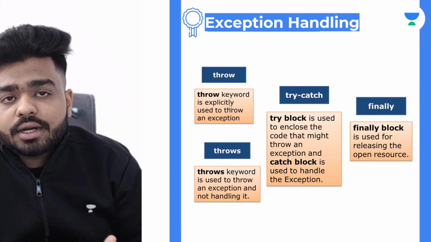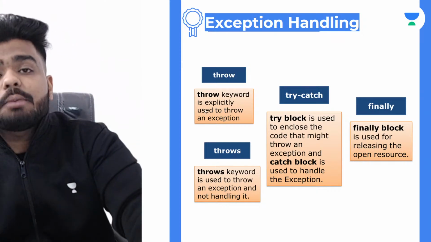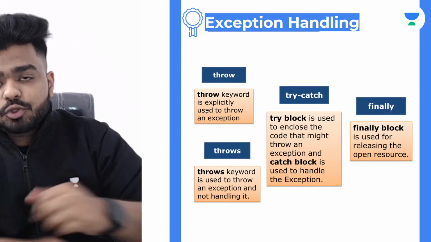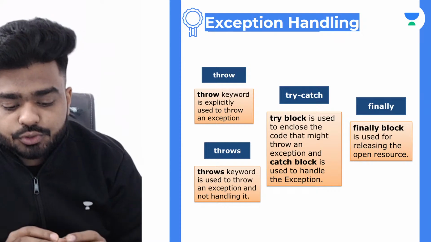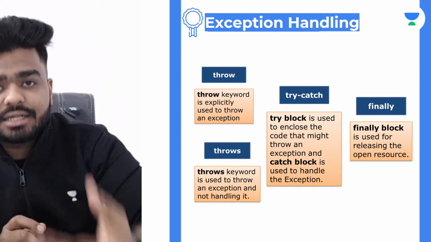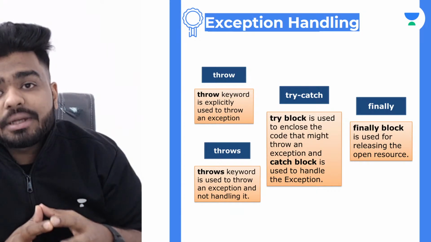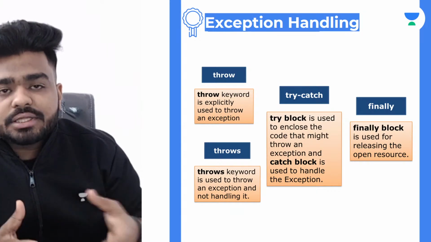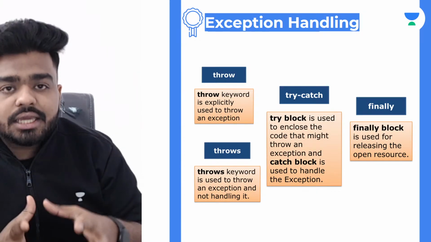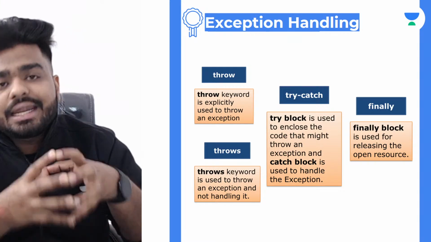So throw keyword अगर आप throw कर रहे हो तो आप उसको handle भी करोगे, क्योंकि throw keyword is used to throw an exception explicitly. That means आपको पता है कि वो exception वहां पे throw होगा, but you need to handle that, right? आपको पता है कि वहां पे exception है तो आप उसको handle करोगे ना.